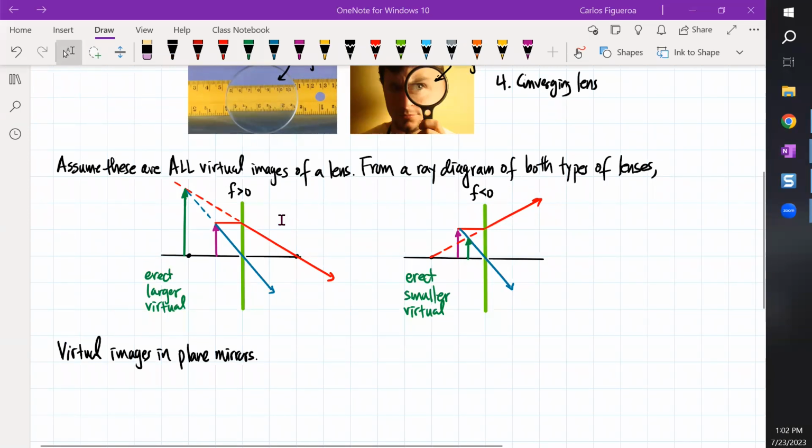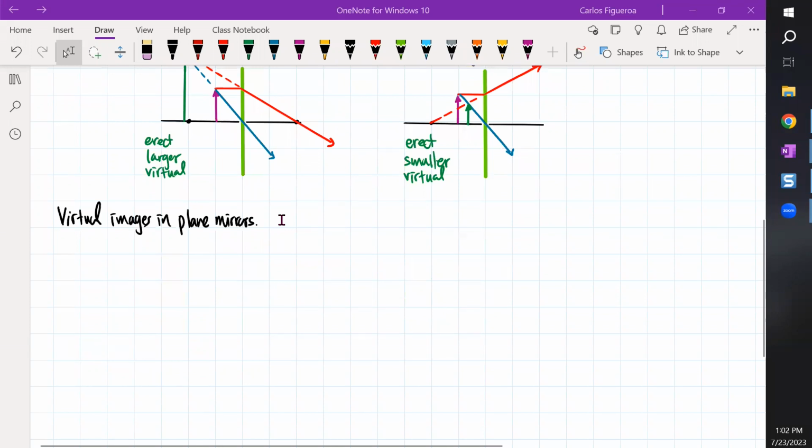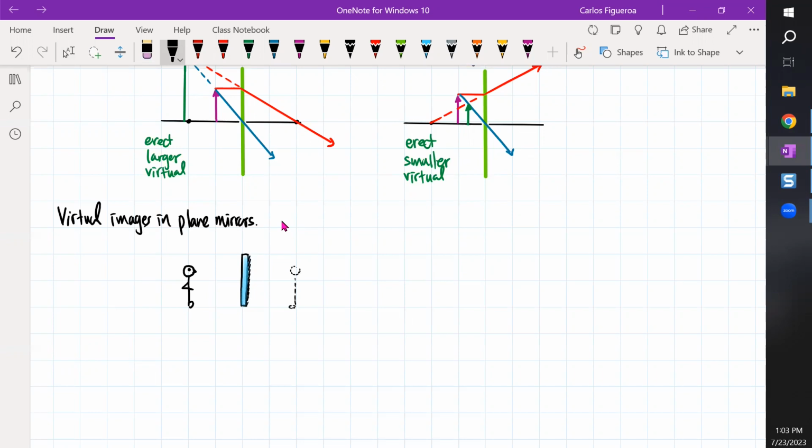Here, what we find is that if I have an object in front of a mirror, let's say that this is my object, and then here is a mirror, where this is the back side, a virtual image will be produced at the same distance behind the mirror that it is in front of the mirror.